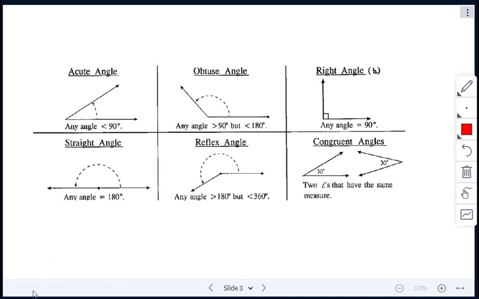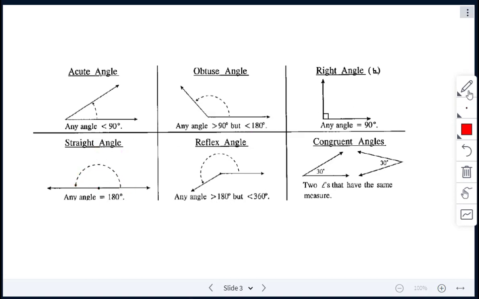Just some vocabulary here, terminology for angles. We have the acute angle, which is any angle that is less than 90 degrees. We have the obtuse angle, which is greater than 90 degrees but less than 180 degrees. A right angle is any angle that is 90 degrees. Anytime you see that little square in the corner, that represents a 90-degree angle. A straight angle is 180 degrees, which makes sense.